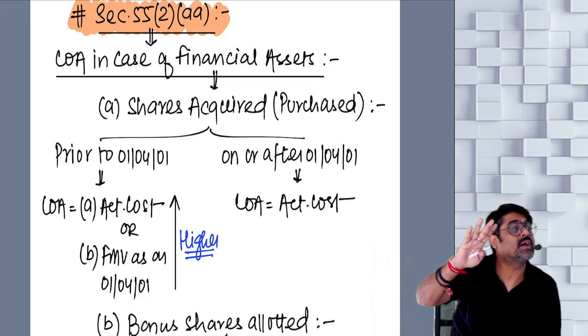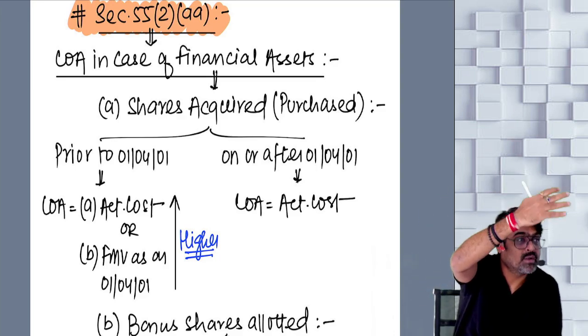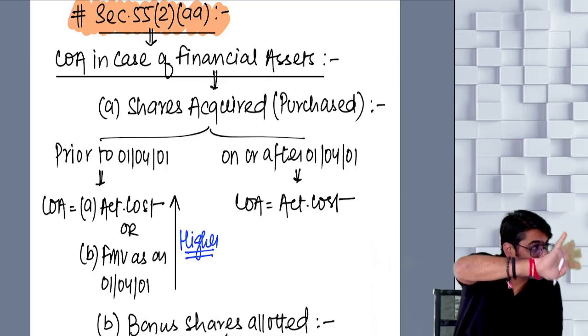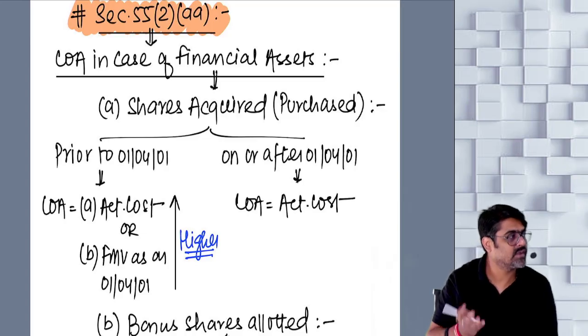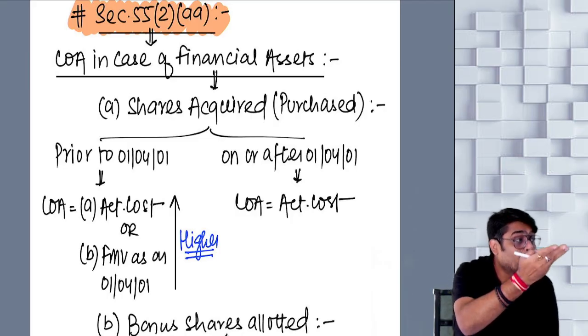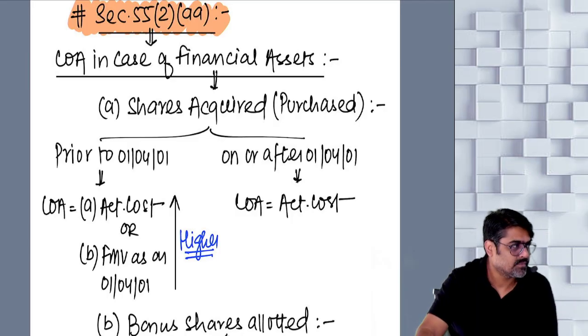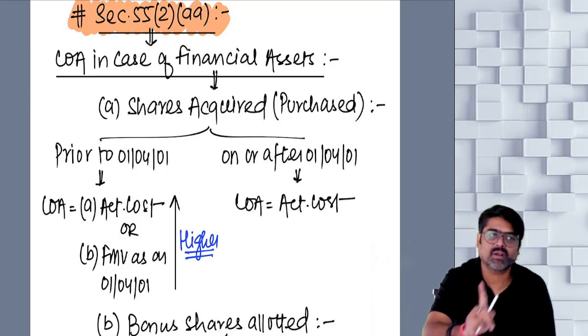The depository is just the legal owner to whom the shares are allotted for the purpose of conversion into demat form. But all the benefits of these shares, gain and dividend, will be given to you because you are the beneficial owner of the shares.